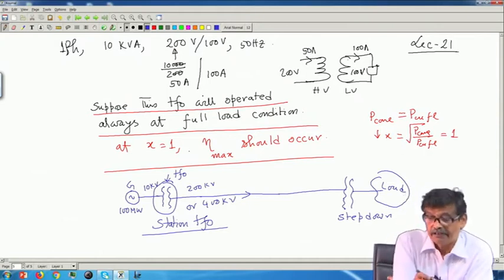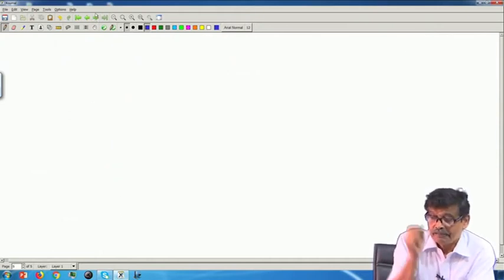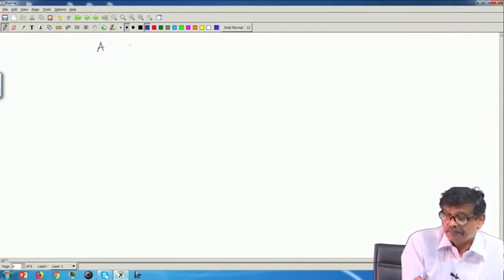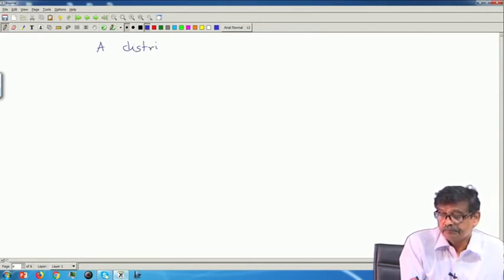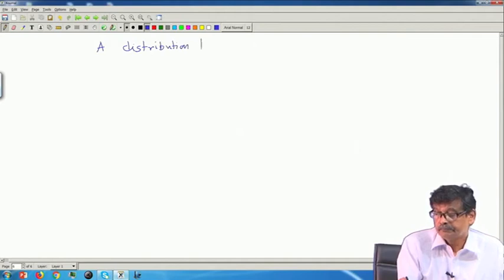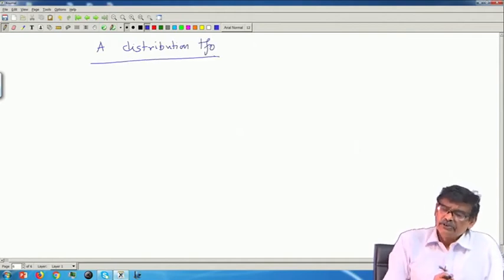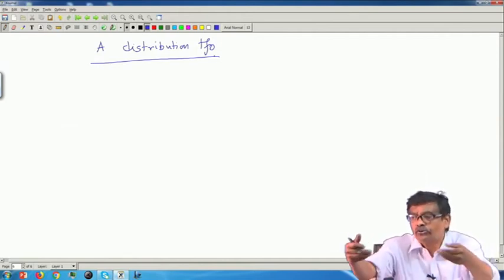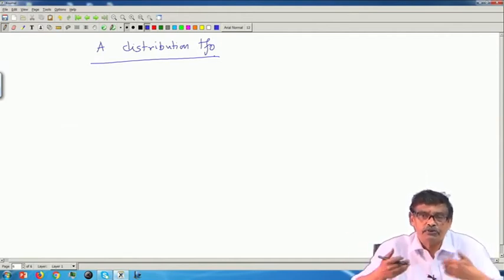I will give you an example. A distribution transformer, for example. A distribution transformer is that transformer from the secondary of which all the households are supplied power, in your house, in my house.